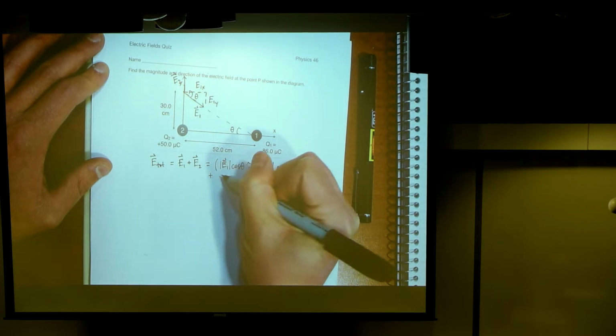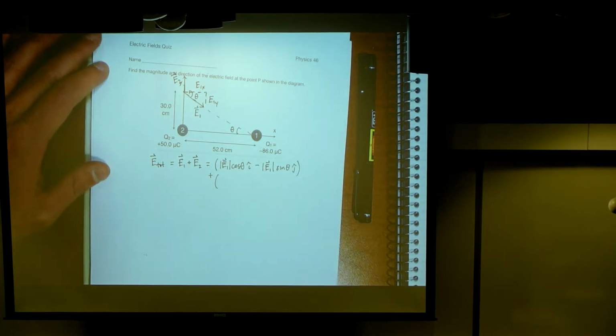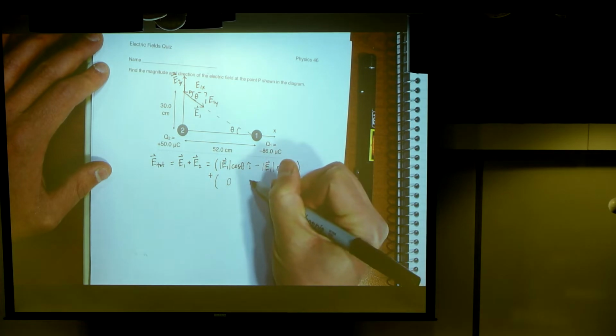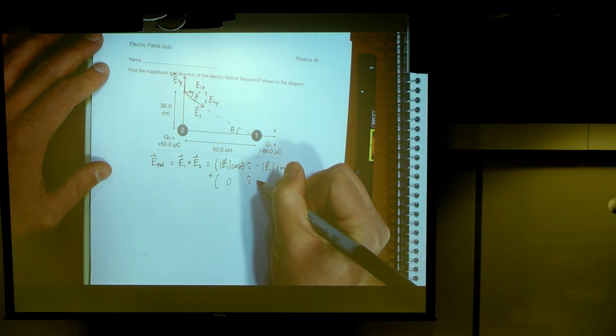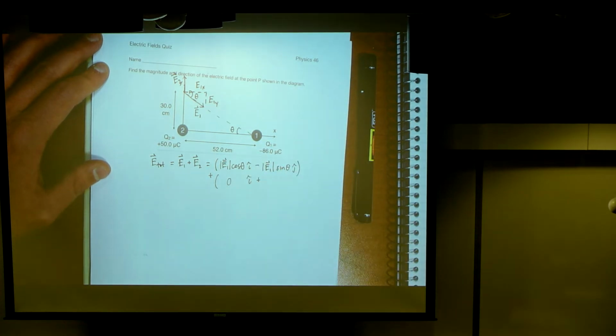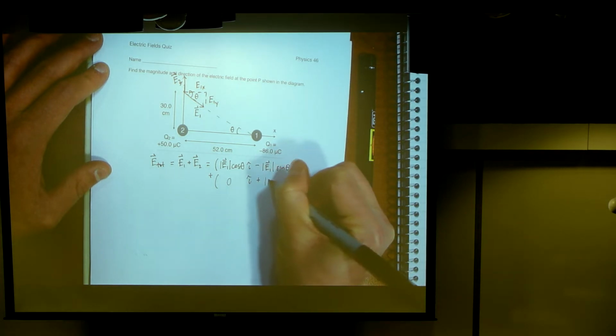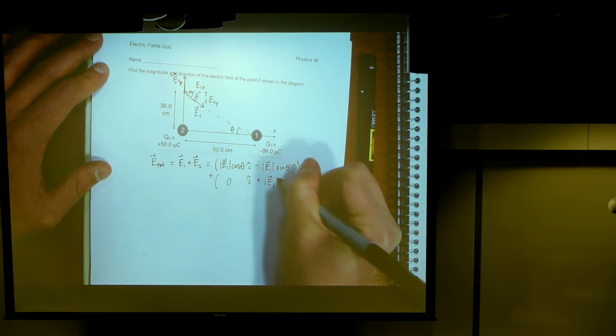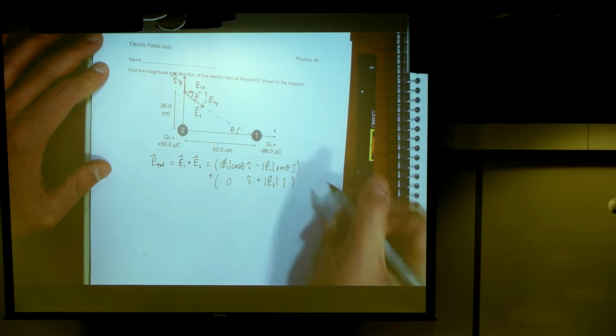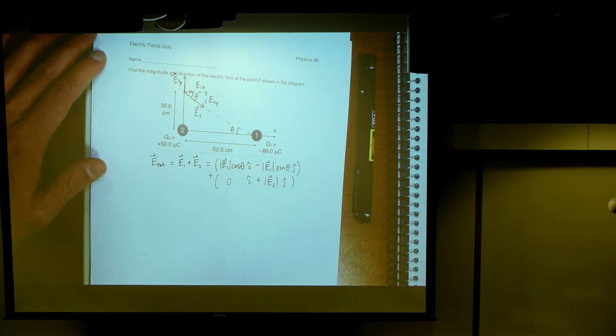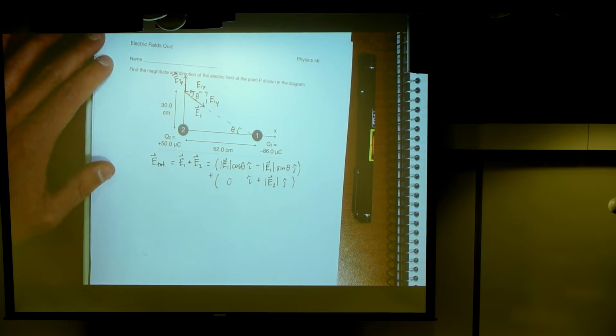This is easier to deal with, right? What is the X component for E2? 0. Just 0. So I'll write that as 0 I hat and then plus what? E2. Just the whole magnitude of E2 is the Y component. That's always the case when you have a vector that points along one direction alone. That component will be just the magnitude.